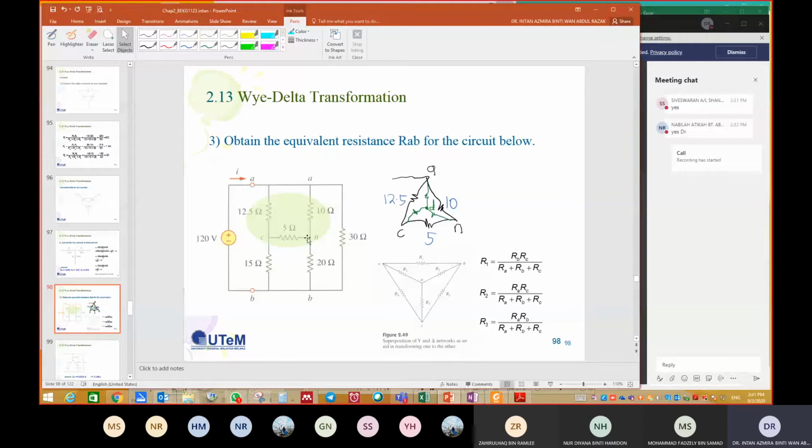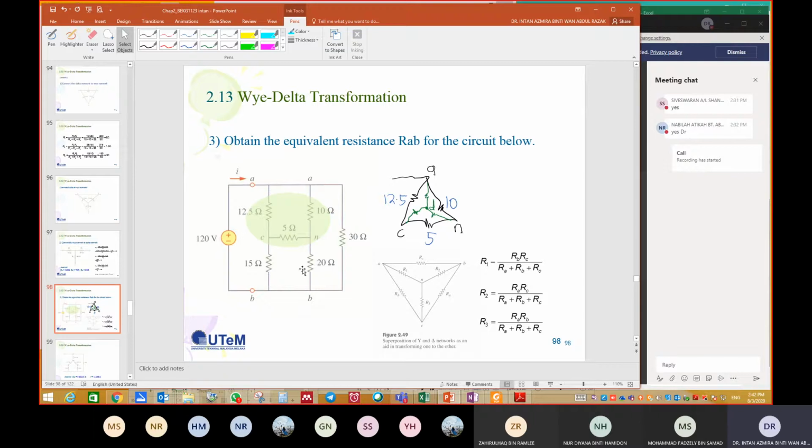This is Y or star connection. Or you may also convert this star connection to delta. Up to you. Usually, once you transform any part of this circuit, you can further solve for RAB.